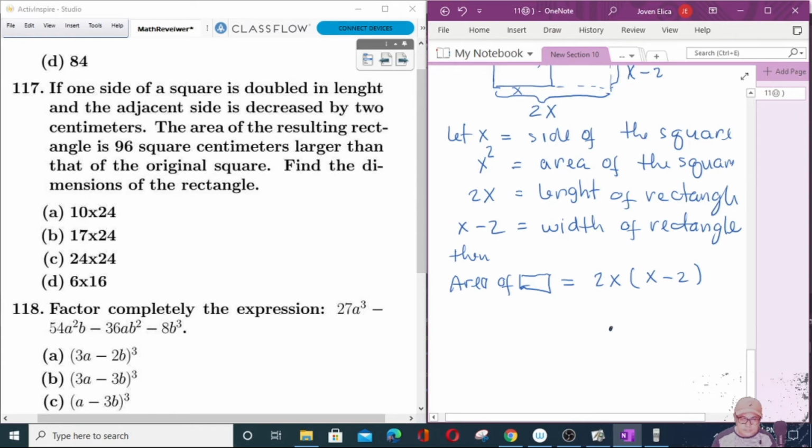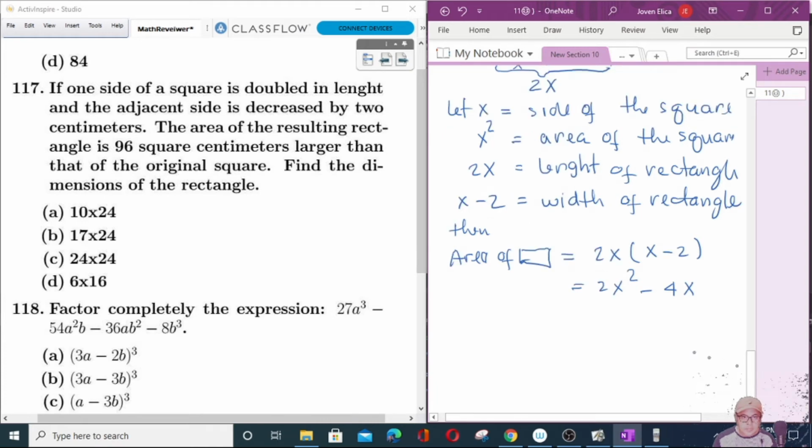Alright, so if we simplify this one, this is 2x squared minus 4x. So this is the area of the rectangle. Now, based on the question, the area of the resulting rectangle is 96 square centimeters larger than the original square.